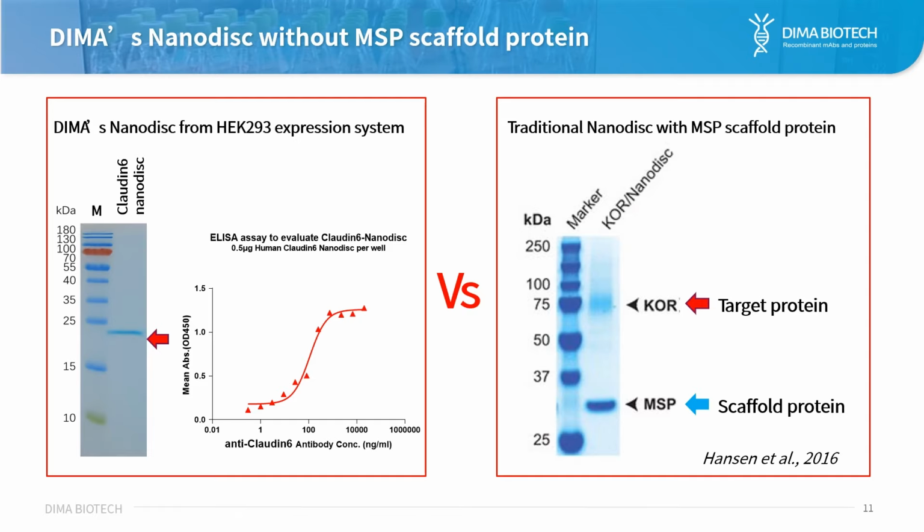On the right side is a figure I copied from a JBC paper. This is the nanodisc made from the traditional MSP approach. This data shows that you can get the purified target protein, in this case the KOR protein, but also with a large amount of MSP protein in the same sample. So when you use this MSP nanodisc for immunization, you will also produce a large amount of antibodies against this protein.